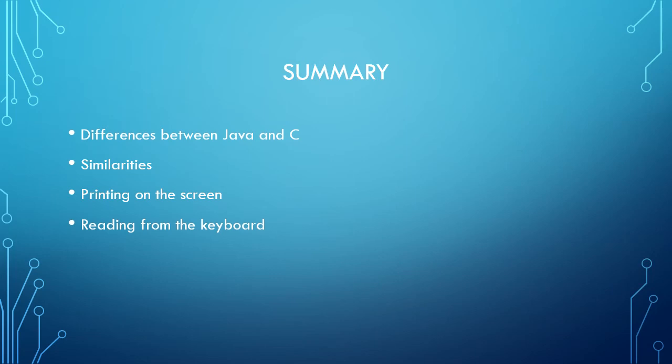No objects. And then we discussed how to print on the screen and how to read from the keyboard. And you will find some practice exercises that use I/O and also some of the basic control structures and variables that are the same as what you've always used.